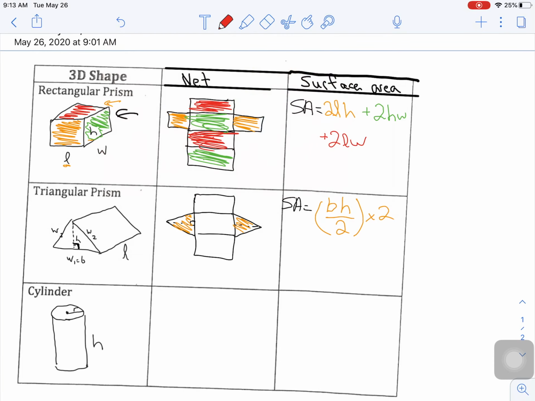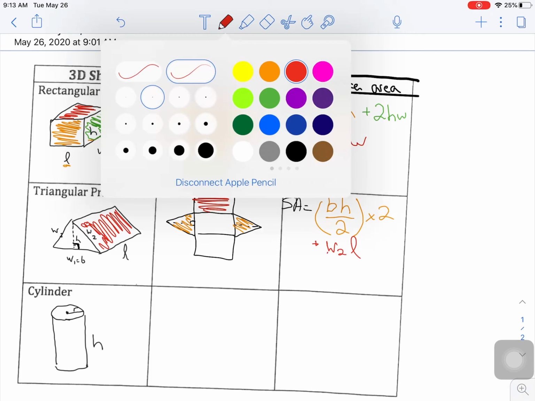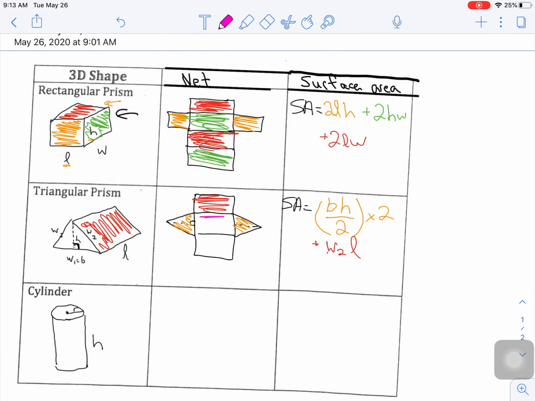Then we realize there are 3 unique rectangles. The first rectangle is this one right here, this red face, which would be, in this case, width 2 times length. Then we have a pink one on this side, which is width 3 times length.